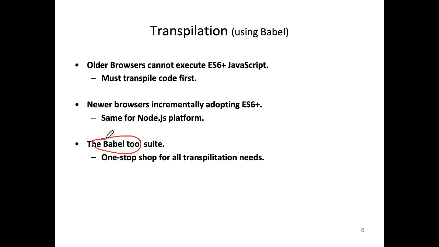You will be using Babel an awful lot in the web dev module, not directly, though indirectly it's being used there. So you just need to be aware of this relationship between ECMAScript and JavaScript, and the notion of modern JavaScript, which is ES6 plus, and old vanilla JavaScript, which is ES5 JavaScript.